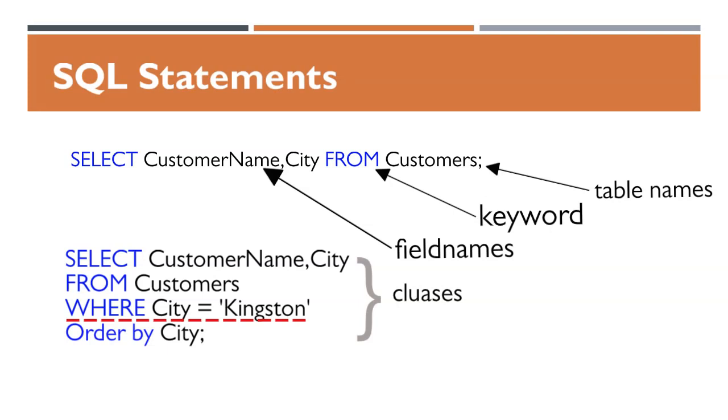At the end of the statement, we put a semicolon. This simply tells the database the statement has ended. While the semicolon is often required in order for the database software to accept the statement as valid, not all database software or database engines enforce this. So it's a good idea to get into the habit of using a semicolon to end a statement, as you'd use a period to end a sentence.